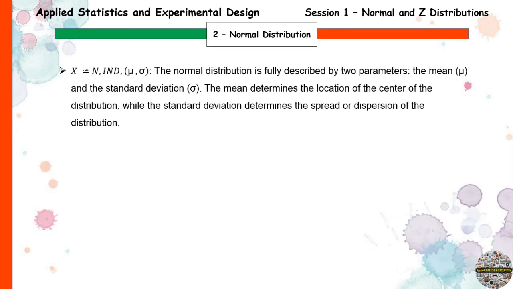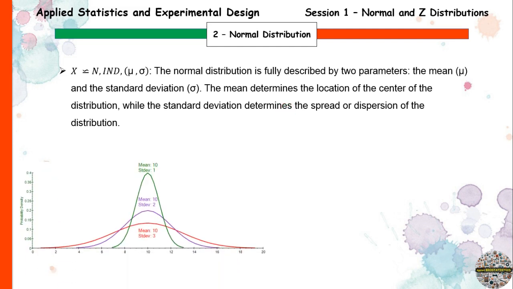The other characteristic of the normal distribution is about the mean and standard deviation. We describe a normal distribution by two parameters. The first one is the mean, and the second one is the standard deviation.